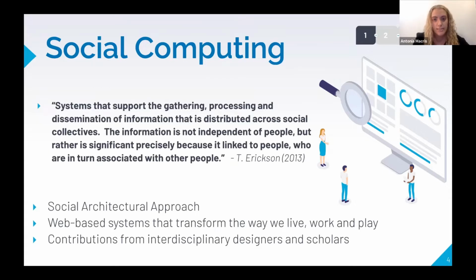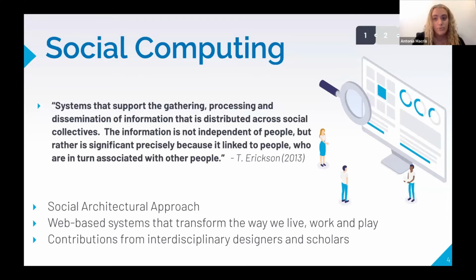Foundationally, social computing systems follow a social architectural approach, which highlights the importance of how the systems are designed from the beginning, in their foundation. These mechanisms help transform all aspects of our lives: the way we learn, the way we work now more so than ever, and the way we play.